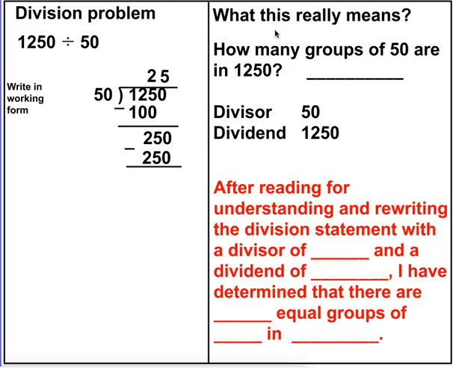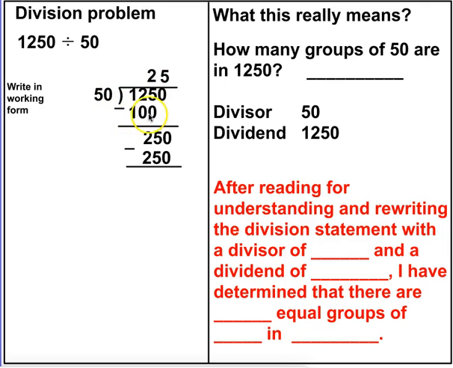So I have 1,250 divided by 50. What this really means is how many groups of 50 are in 1,250? That answer is going to be the quotient that you're going to have. And over here, I have the division already worked out. 50 goes into 125 two times. 2 times 50 is 100.